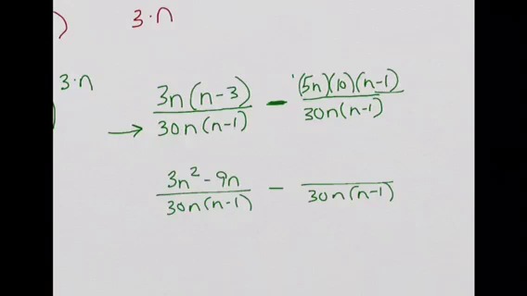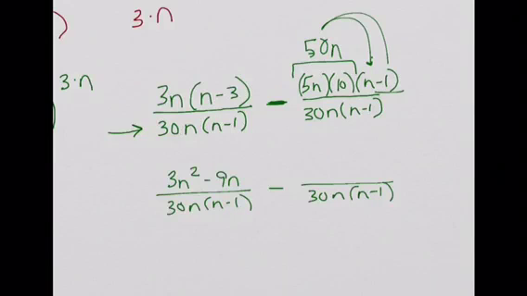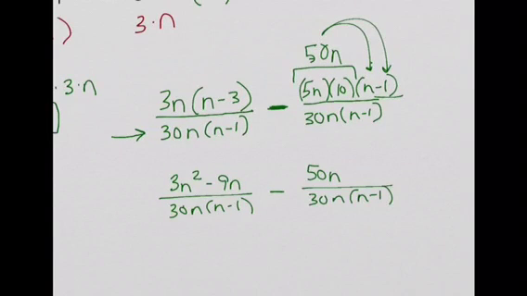I'm going to multiply the 5n and the 10 together first, so I get 50n. And then when I distribute that into my parentheses, I get 50n squared minus 50n. Now my tops are combined neatly inside of each fraction.